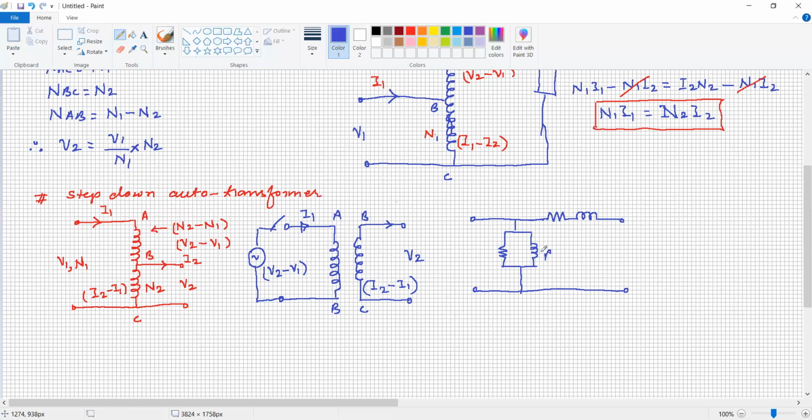So it is X0 as usual, this is R0, this is R, say primary side, resistance and reactance referred to the primary side. This is voltage V2, this is voltage V1. Okay, so the equivalent circuit is also possible for the auto transformer, to examine its performance and all these things.